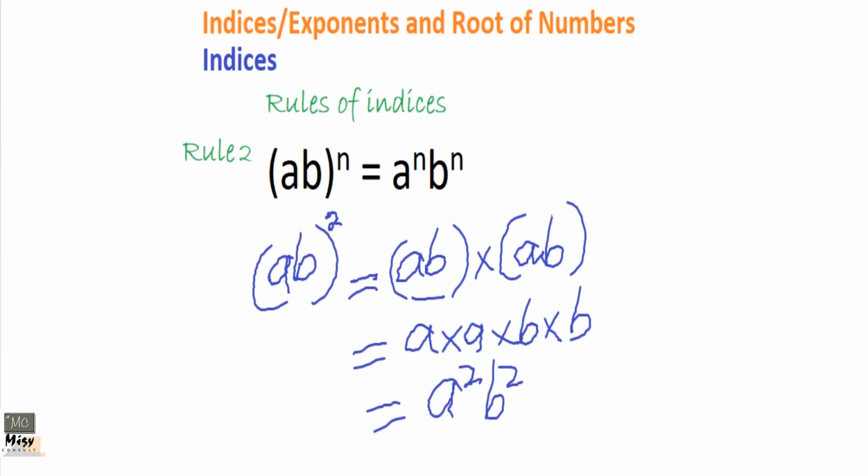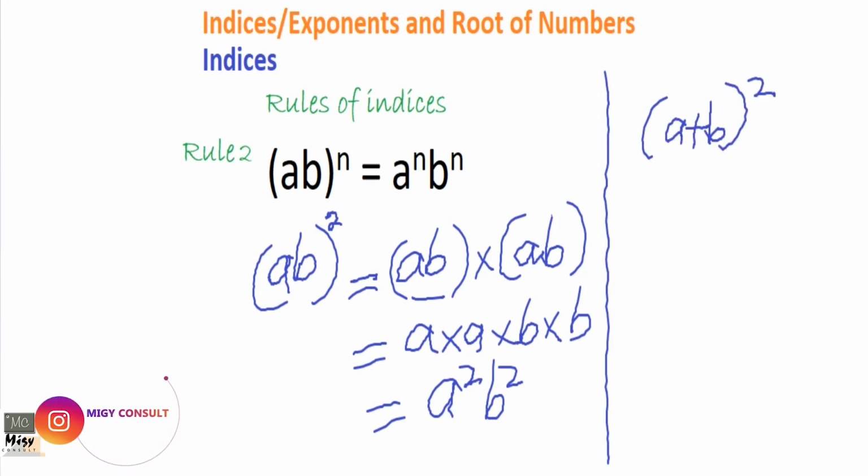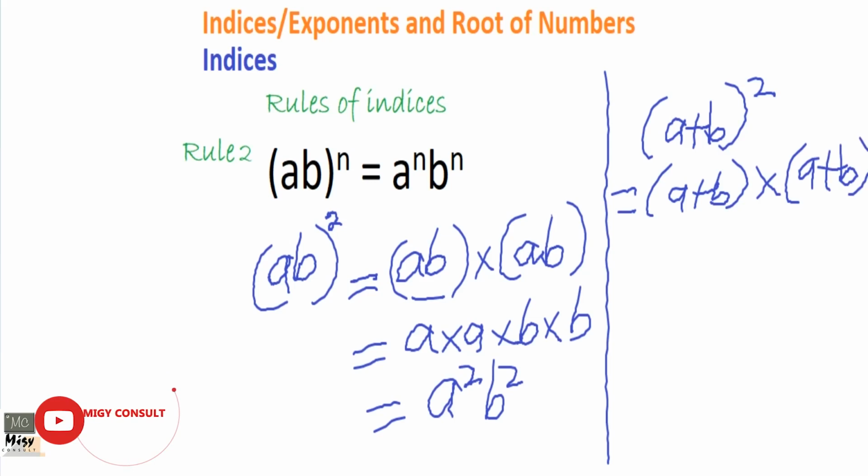You have ab. Write ab, multiply by ab. Because we get confused in case you get something like a plus b all squared. You don't just put the 2 on top of each of them. This will give you what? a plus b times a plus b.